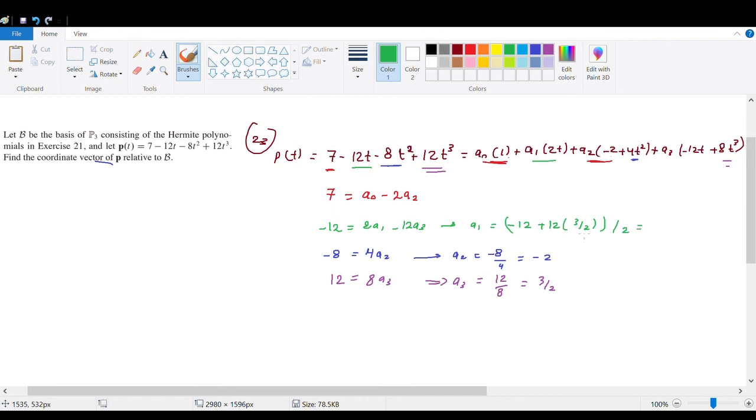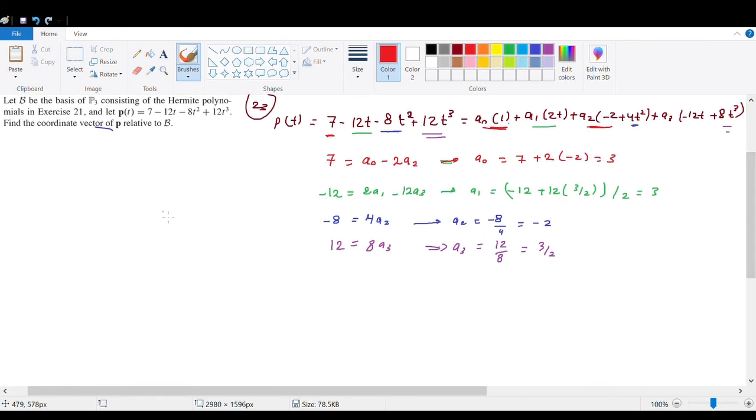That is minus 12 plus 18 divided by 2, which is 3. Then for a0, a0 is equal to 7 plus 2a2, which is 7 minus 4, equal to 3. So the coordinate vector of p is a0, a1, a2, a3, which is 3, 3, minus 2, 3 over 2.